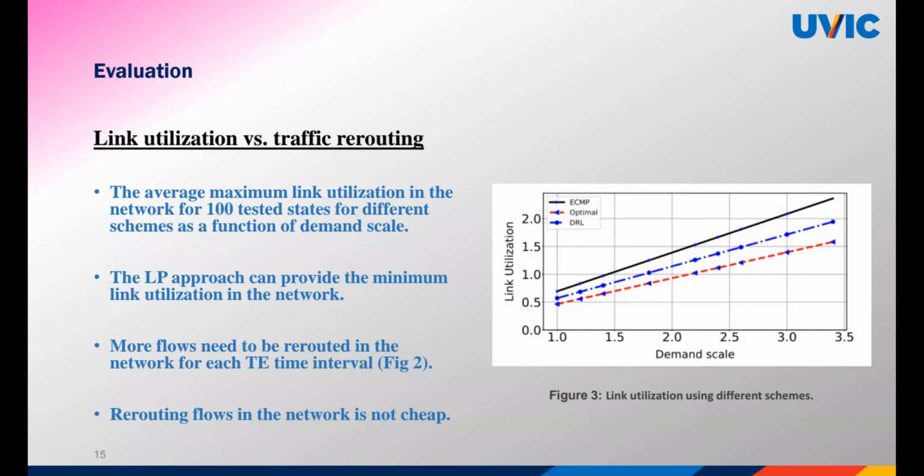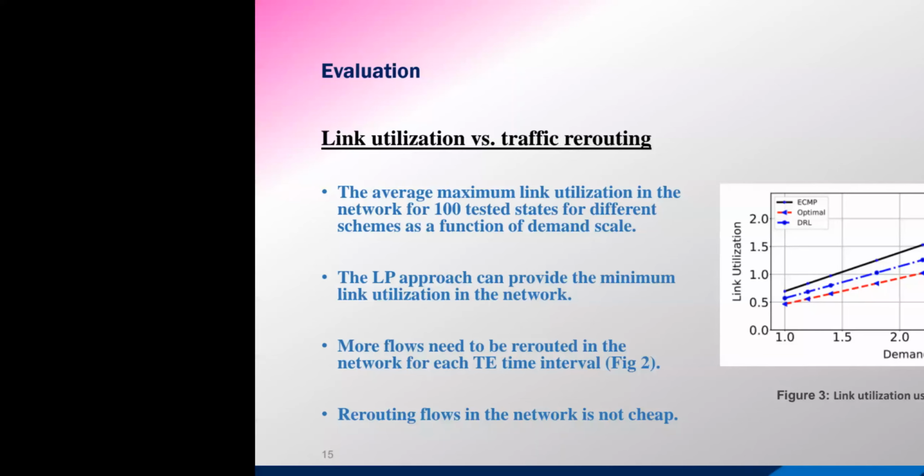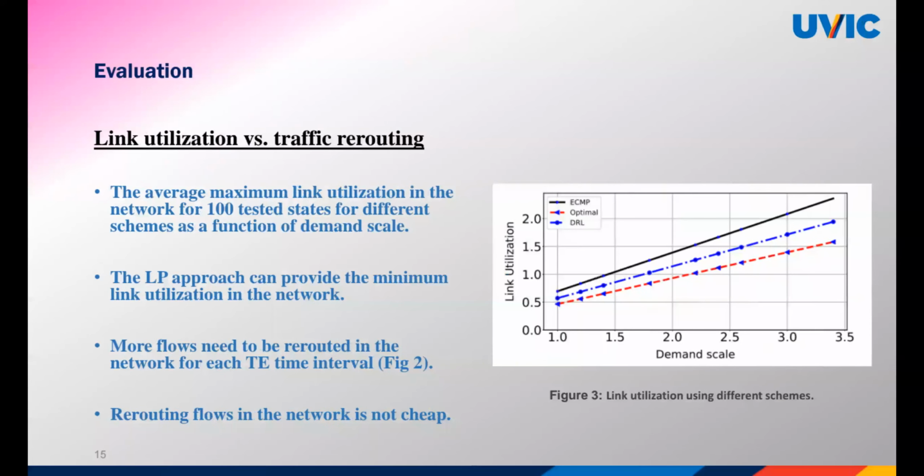But more flows need to be rerouted in the network for each time interval when we use the linear programming approach in comparison to the DRL, as you can see in figure 2 here. The main reason that we don't want to reroute a lot of flows is that rerouting flows is not a cheap process.